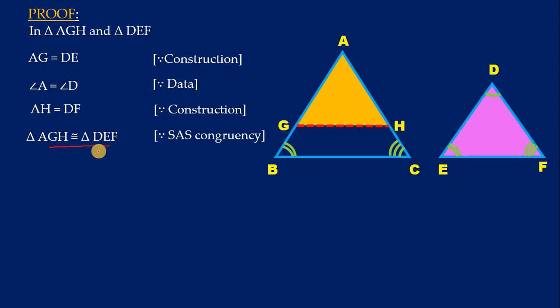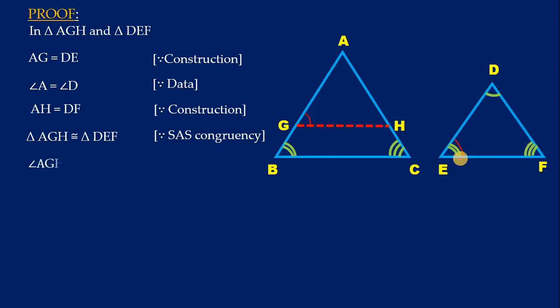And children, you have already learnt in 9th standard, when triangles are congruent, all its corresponding sides and corresponding angles are equal. But which is helpful for us to prove the theorem that we are going to consider. I am considering here this angle, I mean angle AGH equals angle DEF under CPCT. See, these two angles are equal under CPCT.